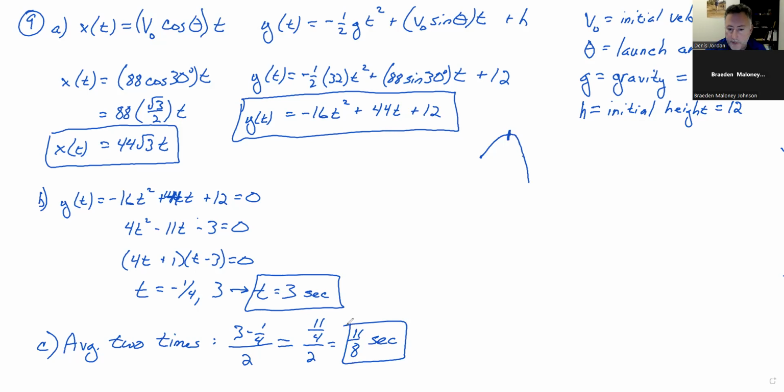If you don't remember that, that's totally fine. You can also use -b/2a. And it would give you the exact same thing. Okay. For D, what is the maximum height?